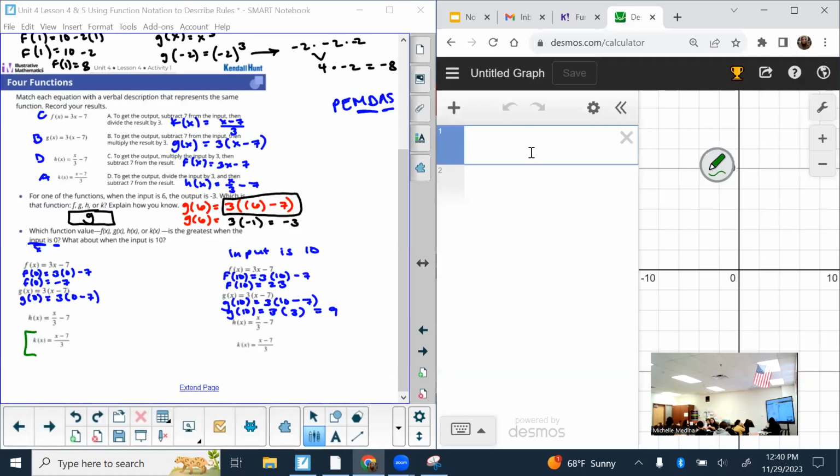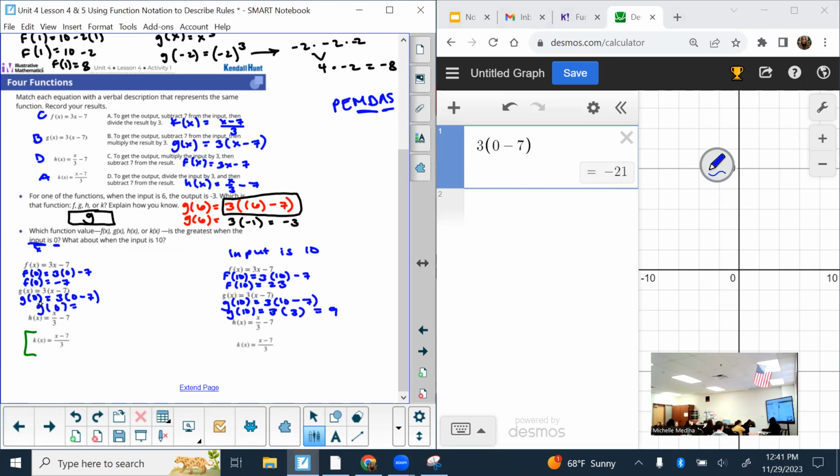Okay, so for the first one, this was what we would have plugged into our calculator if we used it. G of x, when the input's 0, we get -21 for that one. So G of 0 is -21. Now for h of x, so how do you make the fraction in Desmos?